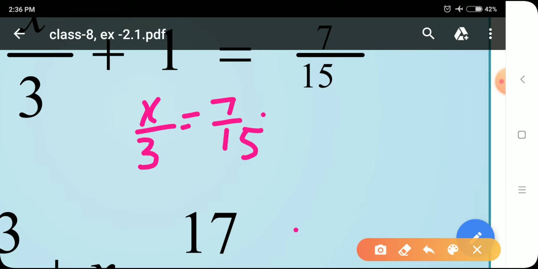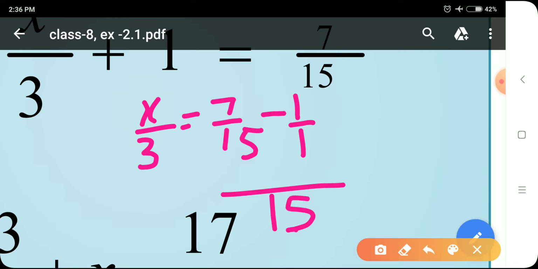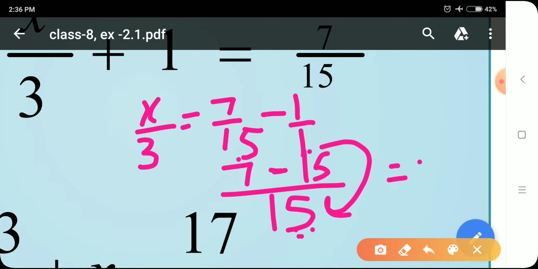This plus 1 will change into minus 1. I can write 1 also in the denominator. After taking LCM and solving, you take 1 and 15. LCM is 15. Dividing 15 by 15, you get 1. So 1 is multiplied over 7. You get 7 minus 15. So your answer will be minus 8 upon 15.